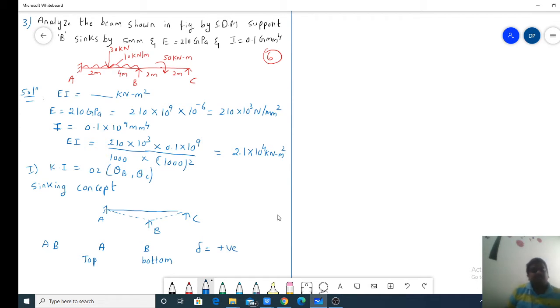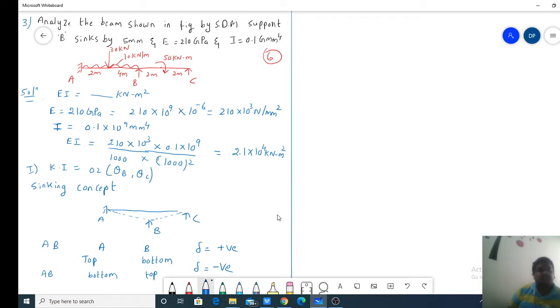This delta is nothing but the delta that you use in the formula of the slope deflection equation. Similarly, if I am talking about AB and A is at the bottom and B is at the top, then delta will be negative.